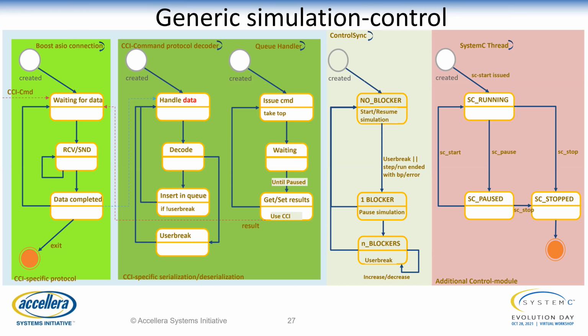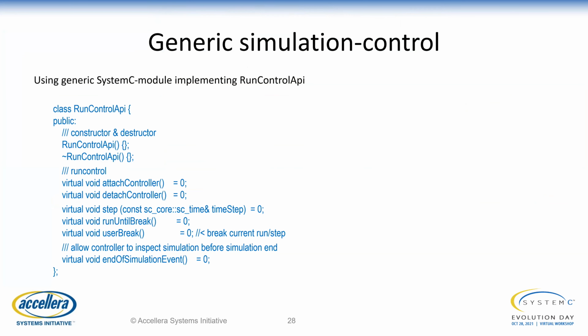And we still would have the SystemC thread where we would need an additional control module which would handle the transitions from running to paused. So this is basically a run control API, which I propose for this generic SystemC module.